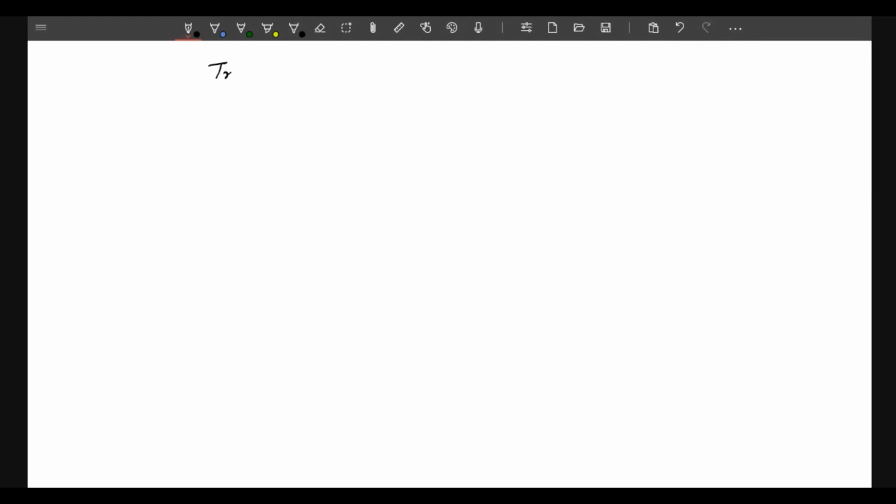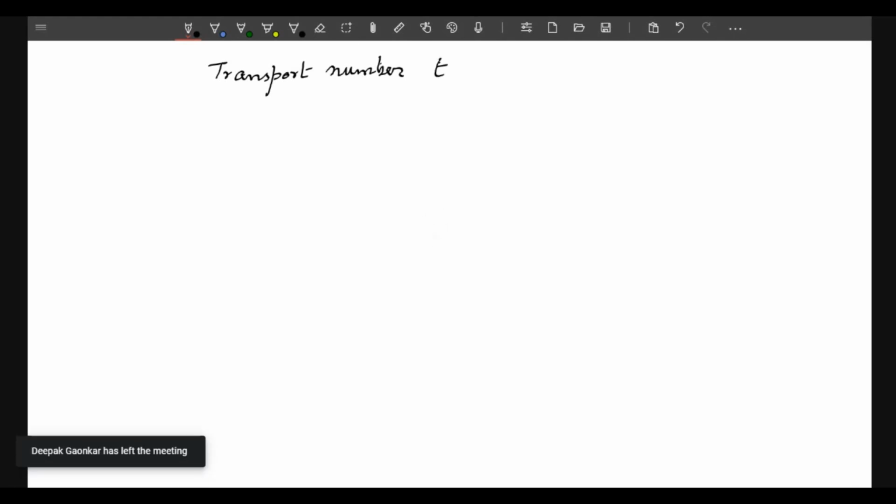Transport number first. You're going to relate the transport number to the mobility. The mobility is already related to the equivalent conductance. Therefore, these are all related to each other. Transport number is represented by small t: for cation t plus, for anion t minus. Another name is the transference number.